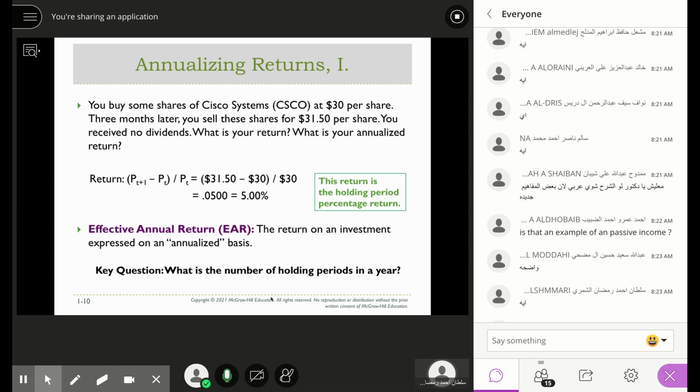One way to resolve this issue is to express return on an annual basis. This is why I'm trying to explain to you the motive on why we are interested in finance to compute annual return. So this example of Cisco company, it's at $30 per share.